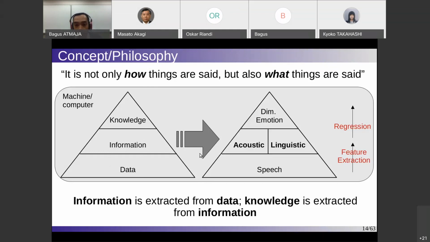The data is speech, the information is acoustic and linguistic, and the knowledge is the degree of dimensional emotion. To extract acoustic and linguistic information from speech, we use feature extraction here. And to extract the degree of dimensional emotion, we use a regression process here from acoustic information. So let's dive into each concept here.